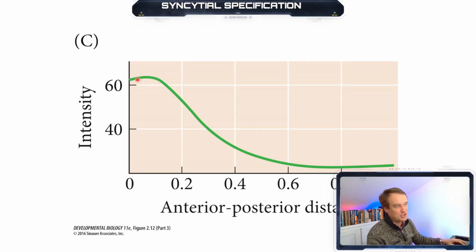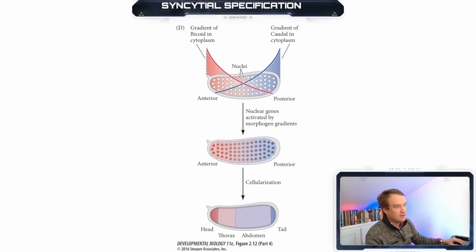It's probably bicoid, the name of the morphogenic factor. It's really high on this end and gradually goes down to the posterior end. Based on the presence of these morphogenic factors and how much of each there is, that determines what your fate is going to be.